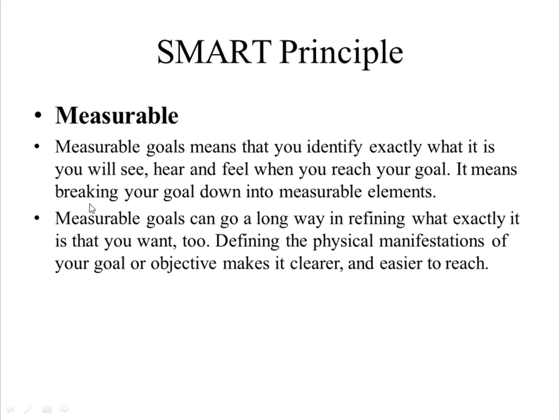It means breaking your goals down into measurable elements. Measurable goals can go a long way in refining what exactly it is that you want. Defining the physical manifestations of your goal or objective makes it clearer and easier to reach.